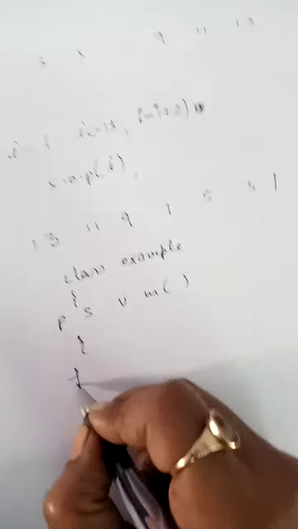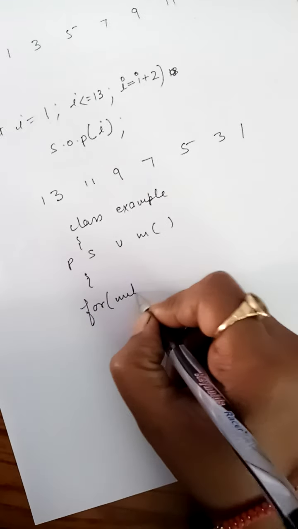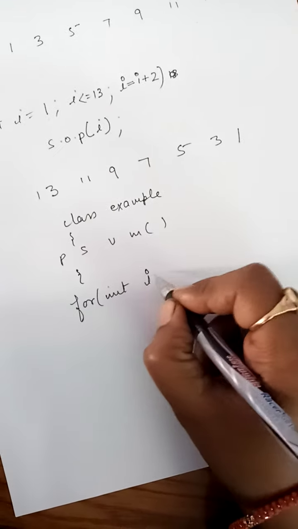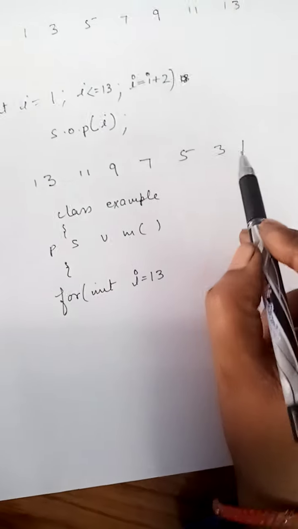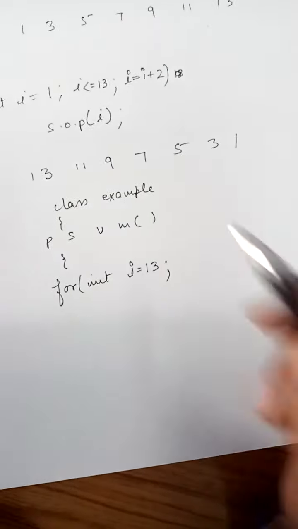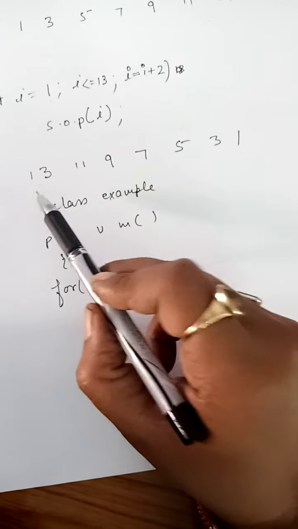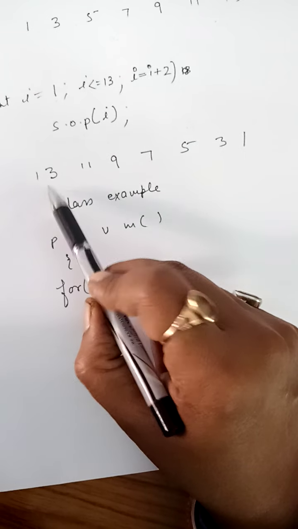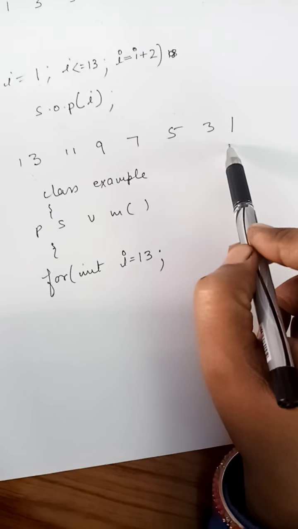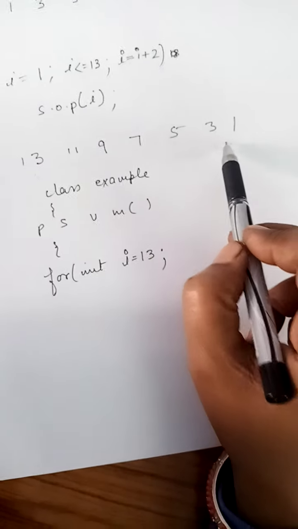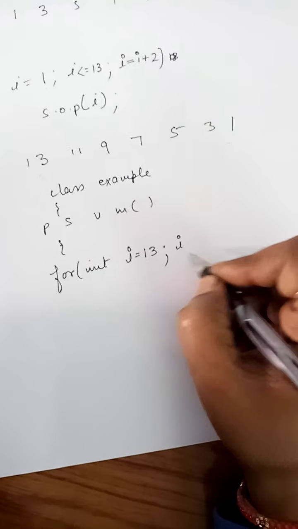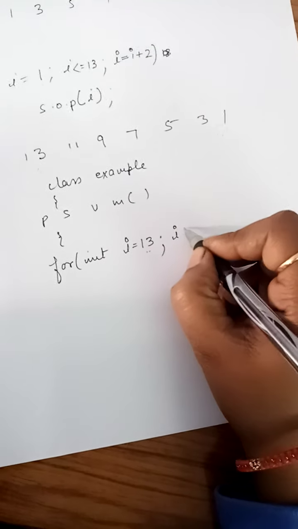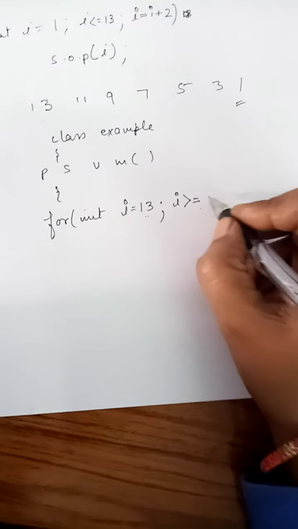Within that, for loop, from where we have to start? In this case I will be 13. We are starting from 13 to 1. We are going from a greater number to a smaller, from higher to lower value. So not less than or equal to, this will be greater than, so greater than or equal to the end value 1.